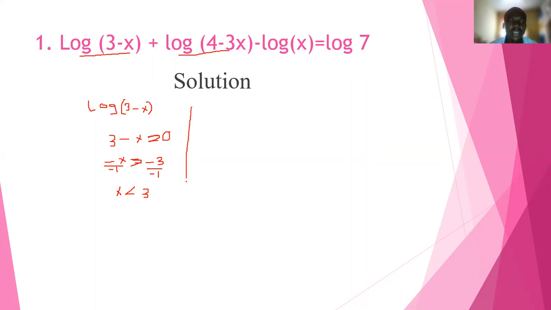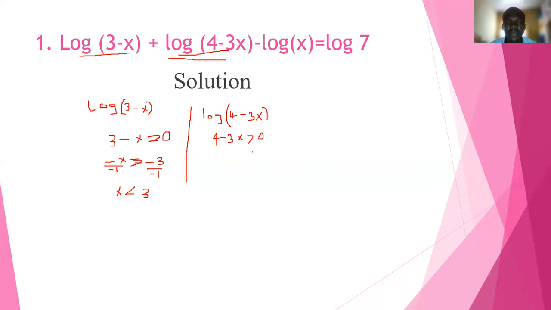Another argument is for this log here, log(4 minus 3x), which is also greater than 0. So 4 minus 3x is greater than 0.